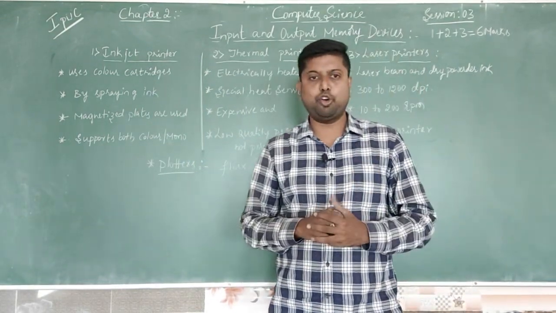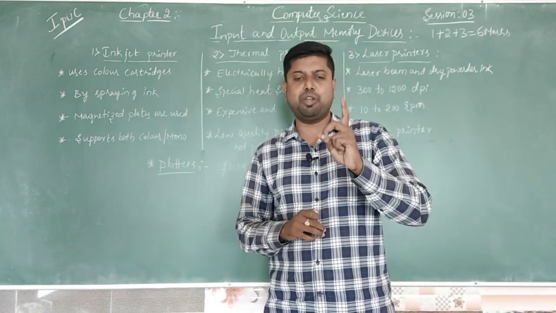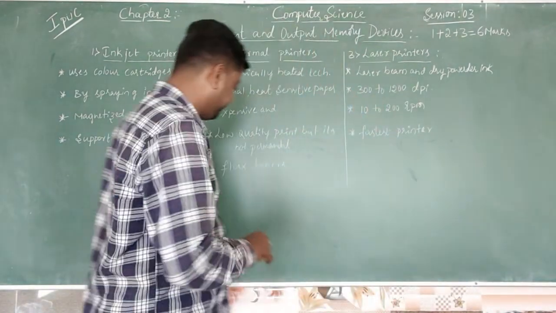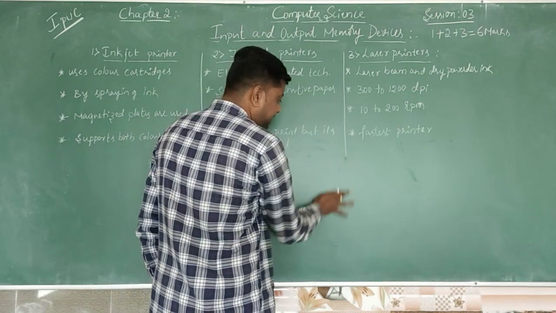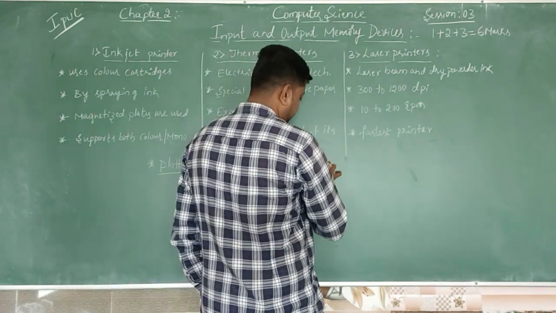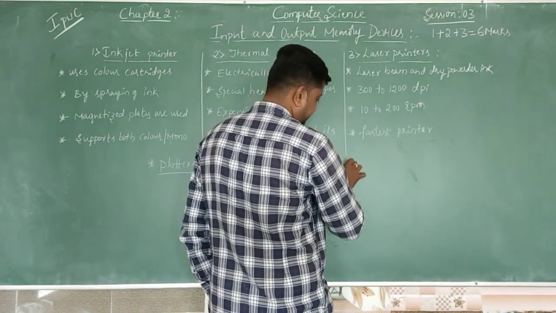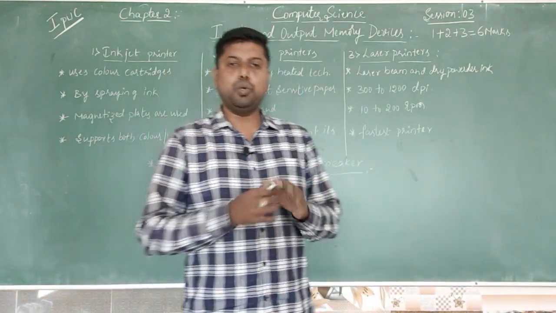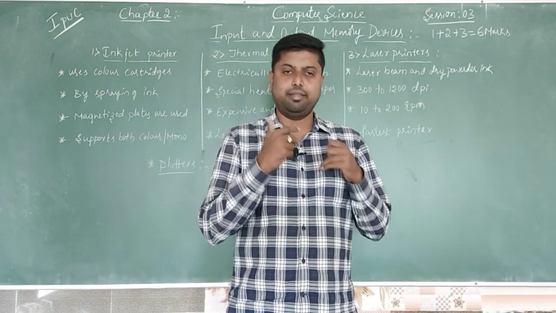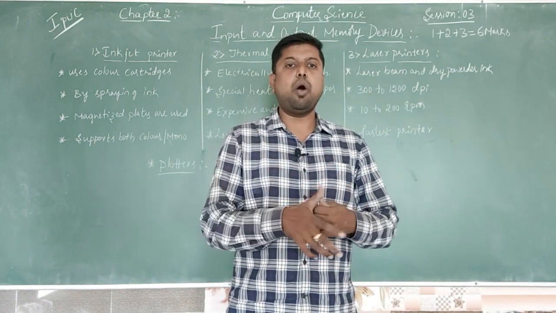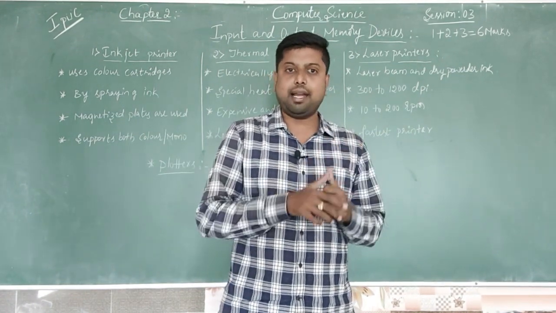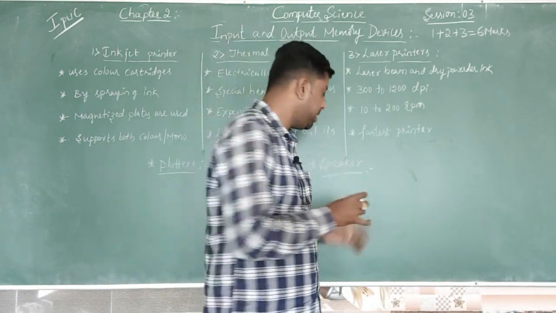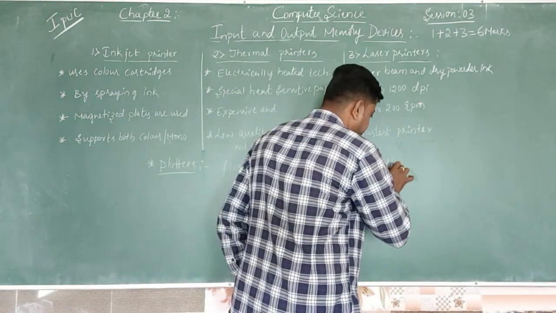At last we are going to discuss one more output device, that is a speaker. So I will write it here. A speaker is also an output device used to produce sound. The sound is calculated with the unit dB, decibels.